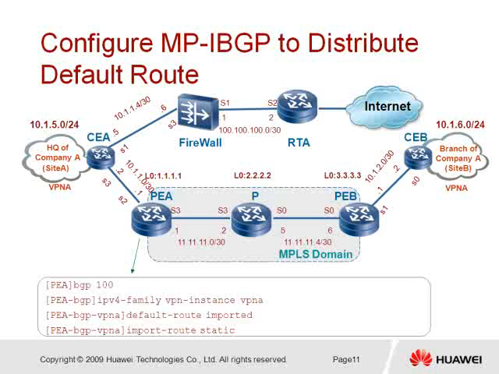Use the command default-route imported to allow BGP to import the default route. Next, use the command import-route static to import the static default route, and achieve the function of importing the default route into BGP in conjunction with the command above.